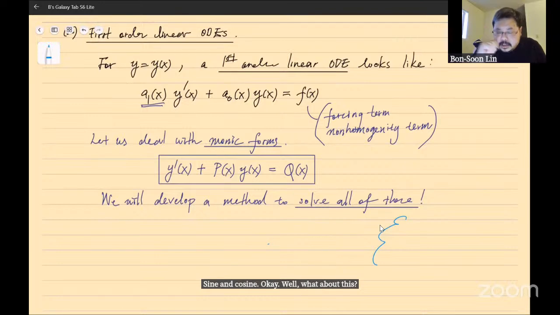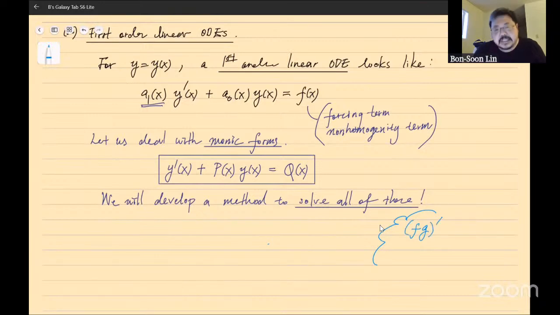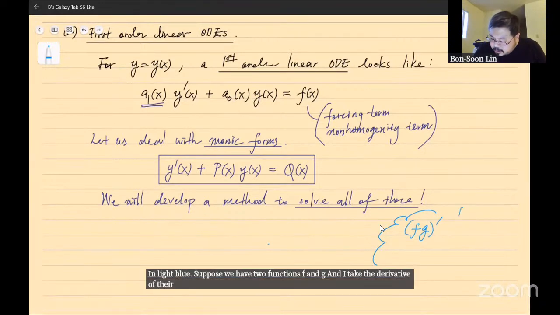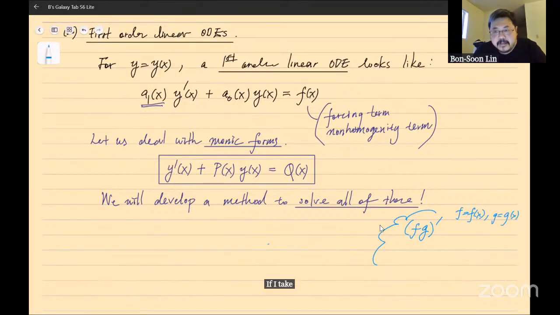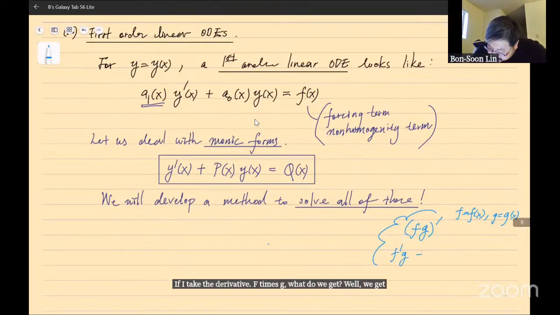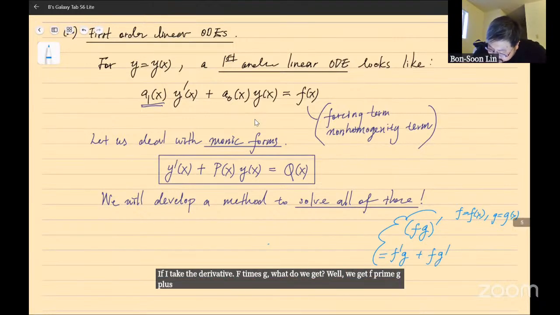Well, what about this? The product rule. Look at this. Suppose we have two functions, f and g, and I take the derivative of their product, again f and g thought of as functions of x. If I take the derivative of f times g, what do we get? Well, we get f prime g plus f g prime, right?